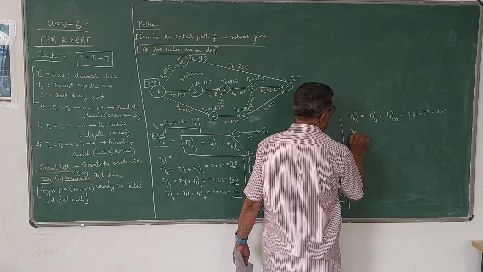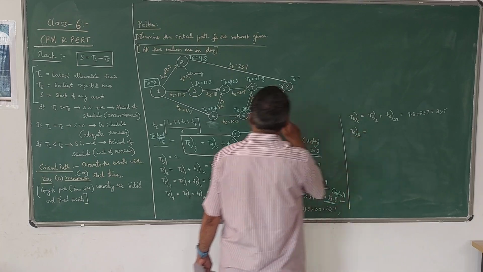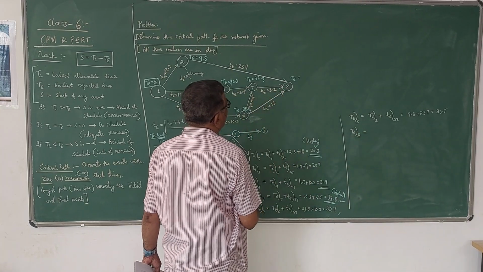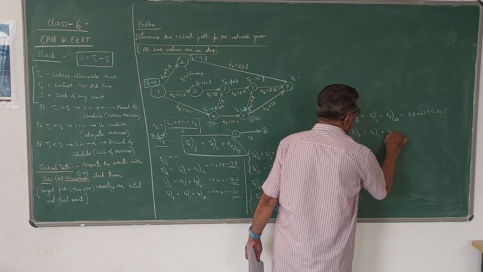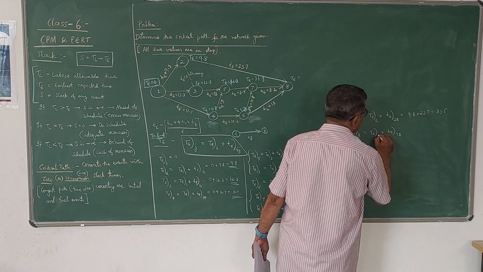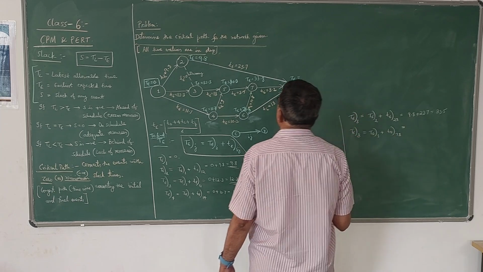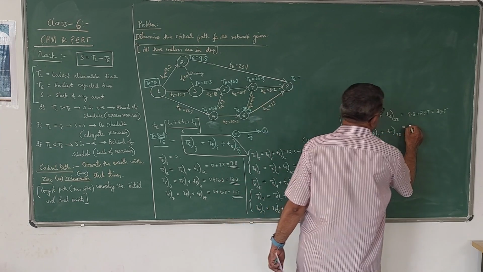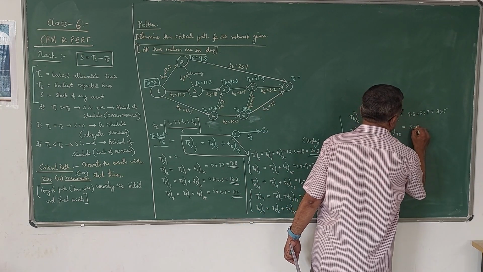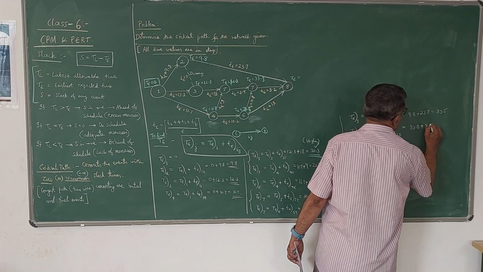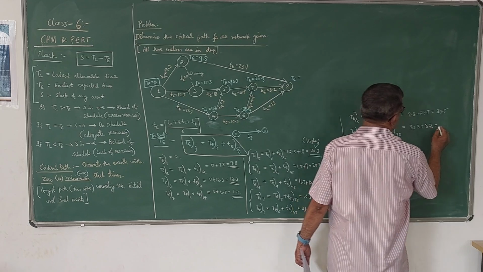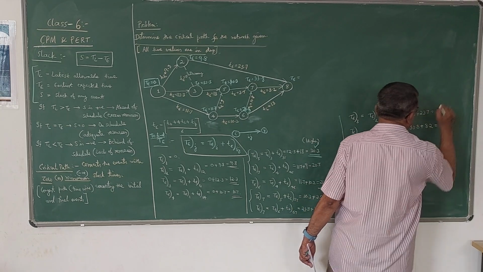Next, T8 can also be found out using 7-8, that is T7 plus small t78. So T7 we have got 33.8 plus t78 is 8.2. So it comes out to be 42.